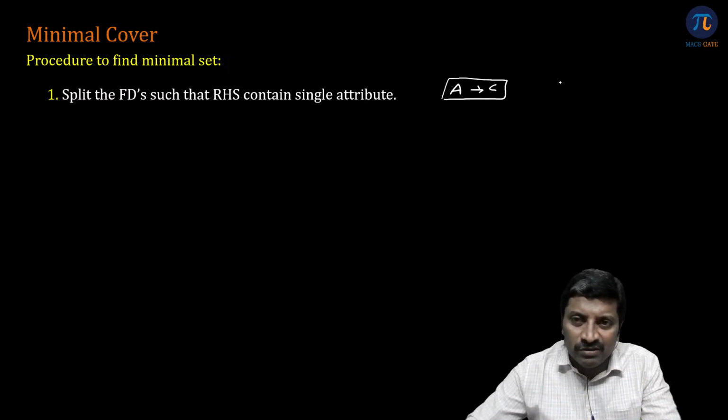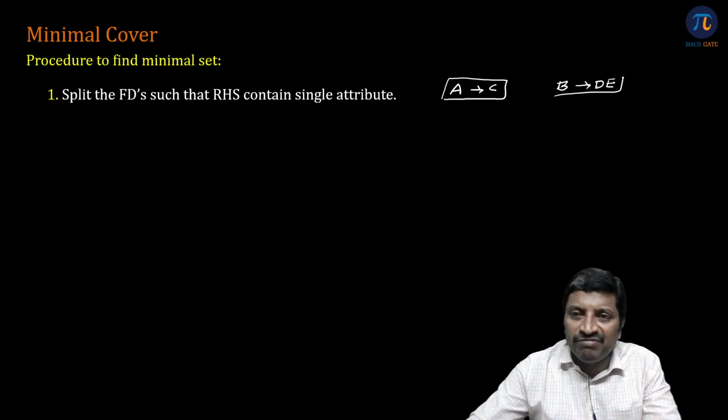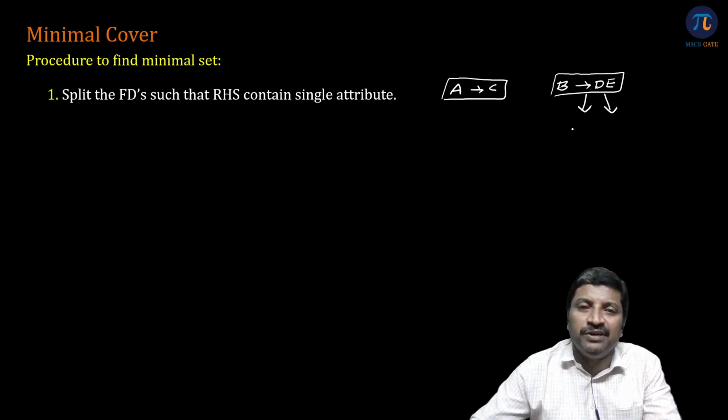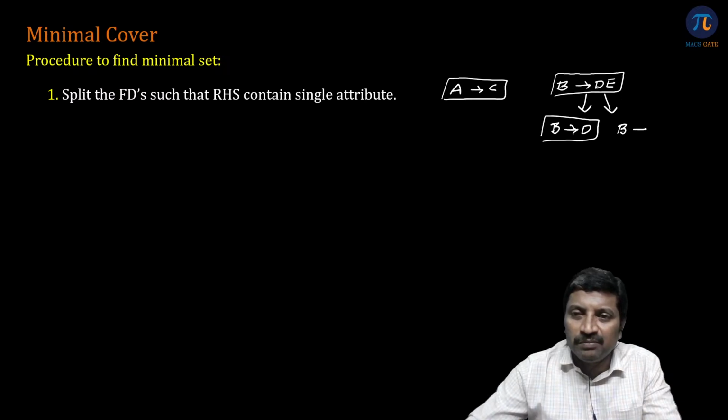Instead, suppose I have B implies D, E. So we have an FD in which B implies DE. This must be split so that the right side contains only one attribute: B implies D as well as B implies E.